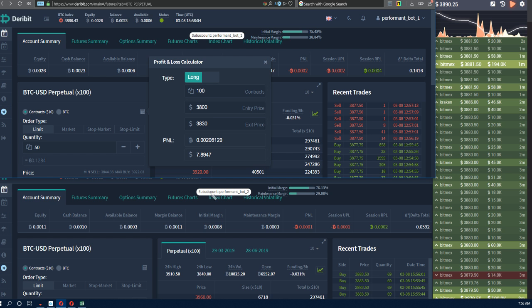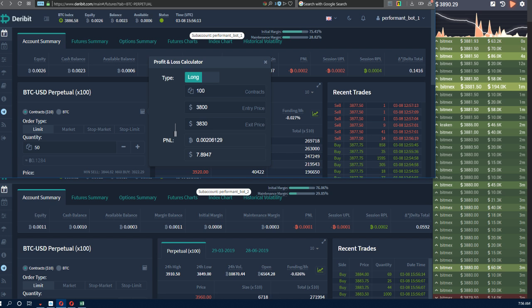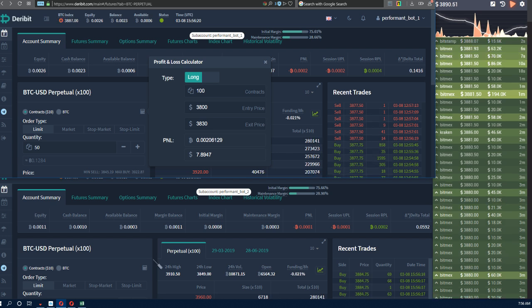So what I noticed was I'm getting these small trades often because I'm scalping. I wanted to calculate what happened if I used more money, and how much more I would make just by increasing the contracts up to, let's say, 1,000.